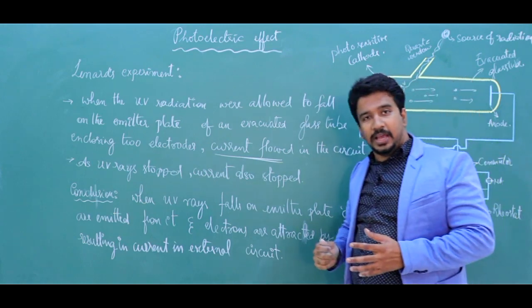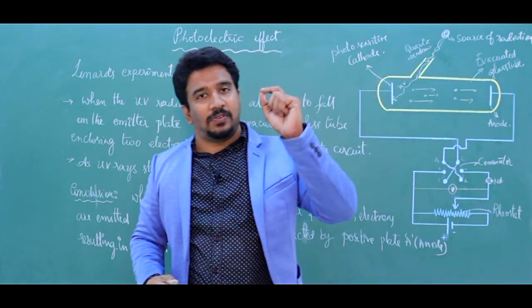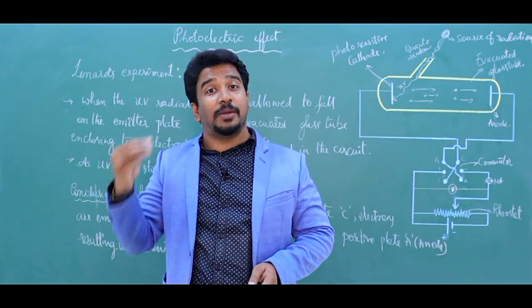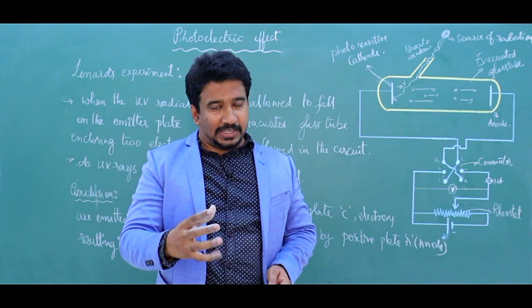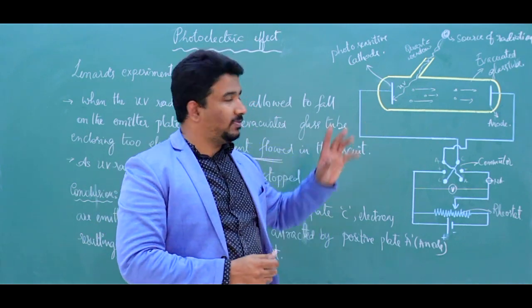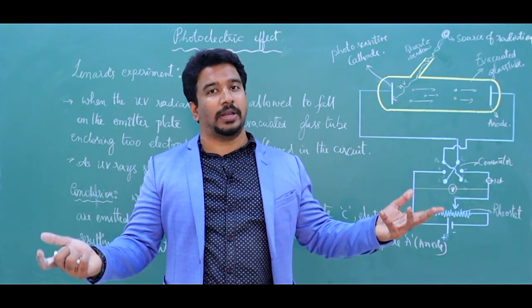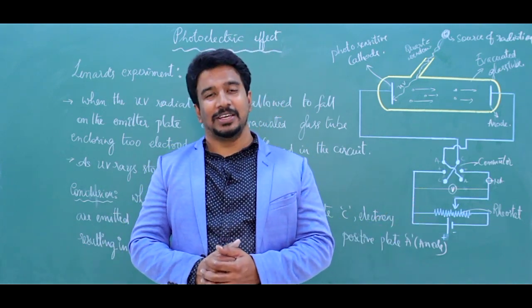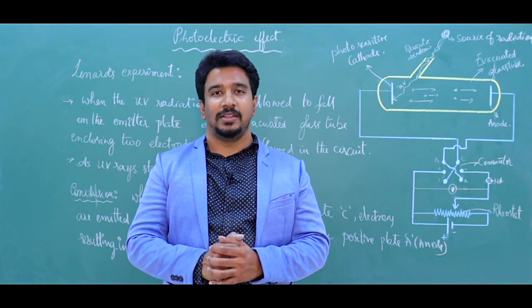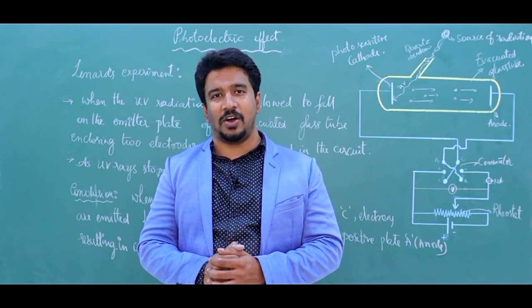So which implies whenever UV radiation falls on the surface, electrons are emitted from the emitter plate, that is cathode, and attracted by positive anode, and there is a current. If we stop it, no current. Am I clear with this? Okay, so this experiment showed evidence of the photoelectric effect.